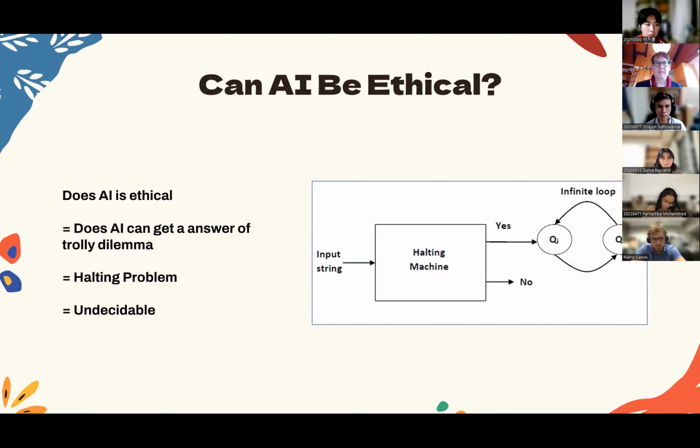And it's a kind of halting problem, and the halting problem is undecidable. We can't know whether the AI is moral or immoral. So we do not know not only whether the AI is moral or immoral, but also the possibilities of the morality of AI.